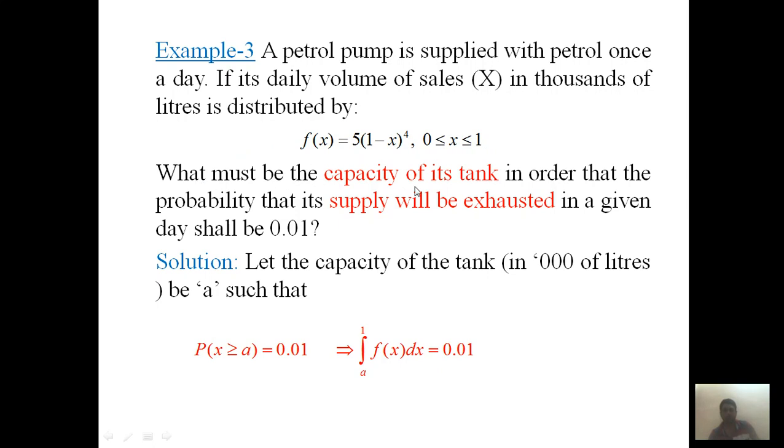What must be the capacity of its tank in order that the probability that its supply will be exhausted in a given day shall be 0.01?